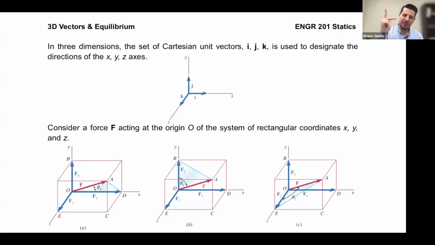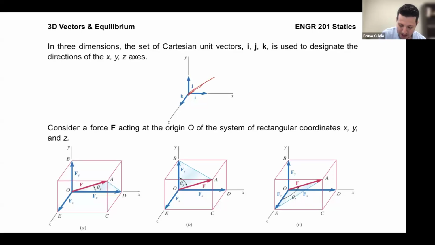Okay, remember we talked about the right hand rule. If you put your hand like this, I don't know if you can see that on the screen, but you can see positive, positive, and positive going towards you. Okay, so that's the 3 dimensions that we're going to work in. And then of course we're going to have some force here.